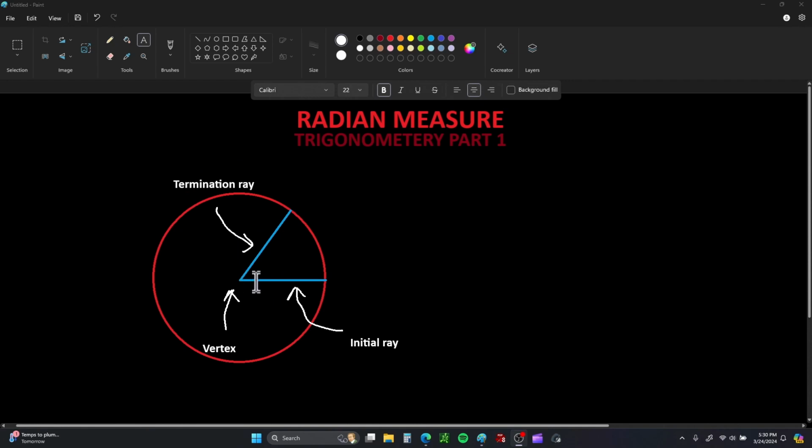Now, the initial ray over here is drawn in what's called the standard position, where it's parallel to the x-axis. And if I was drawing the x and y axis, this would actually be the origin where the vertex is.